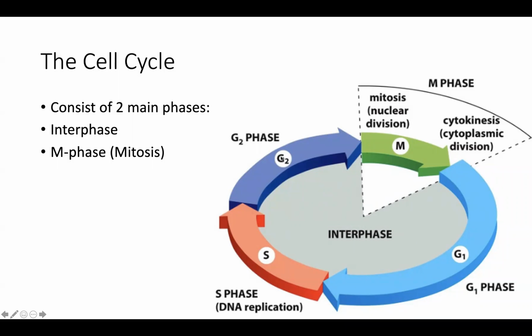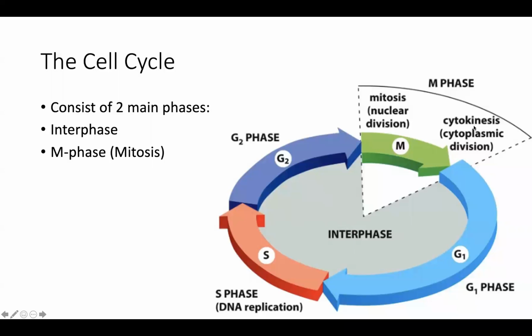And then we have M phase. There are two things happening in M phase. This process of mitosis, where we're preparing for nuclear division, and then the process of cytokinesis.